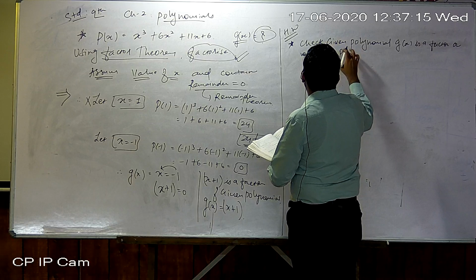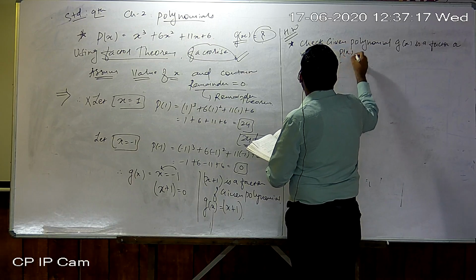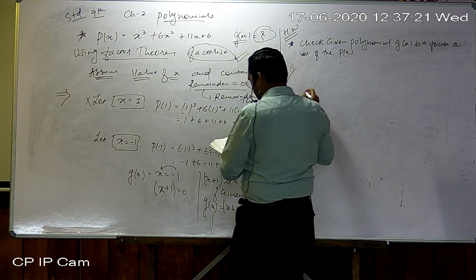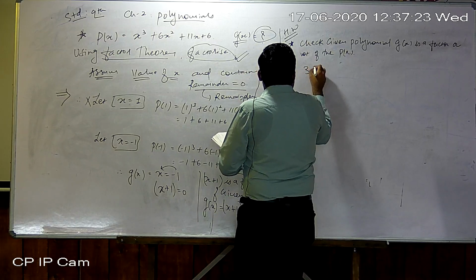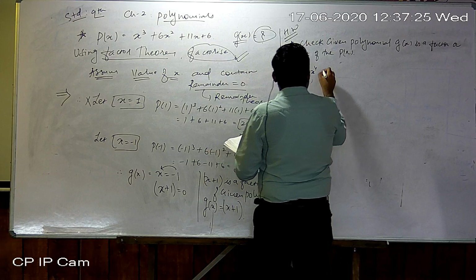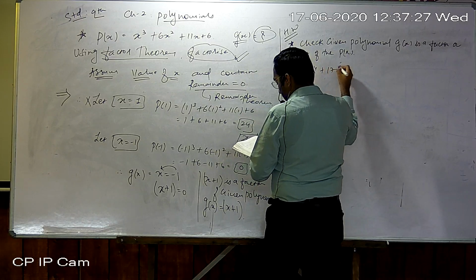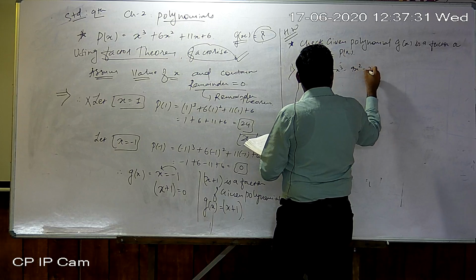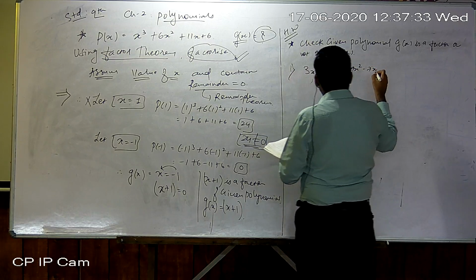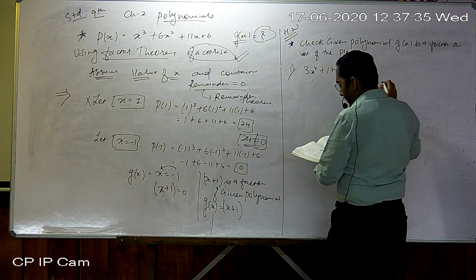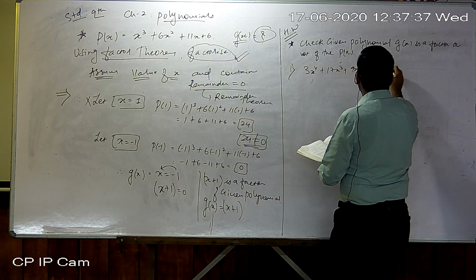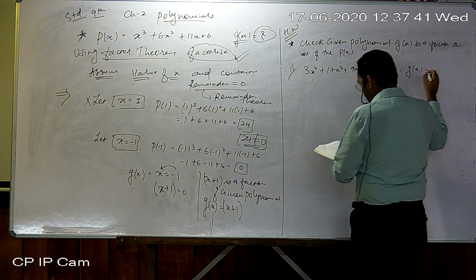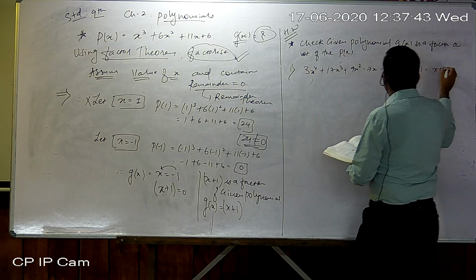Okay, g of x is a factor or not of this p of x. So my question is 3x raised to 4 plus 17x cube minus 9x square minus 7x minus 10, and my g of x is x plus 5.